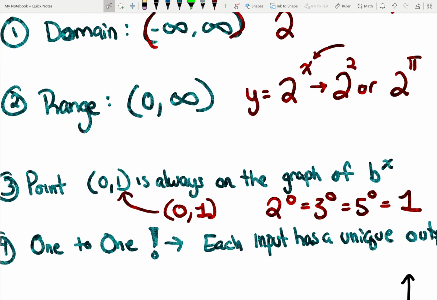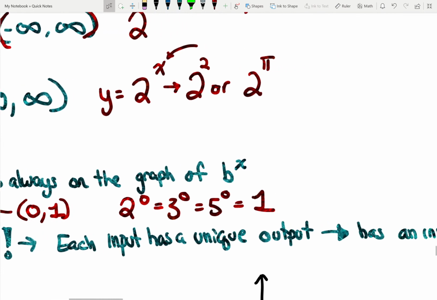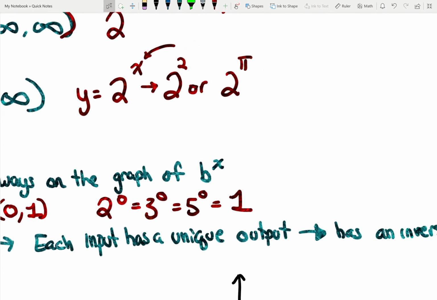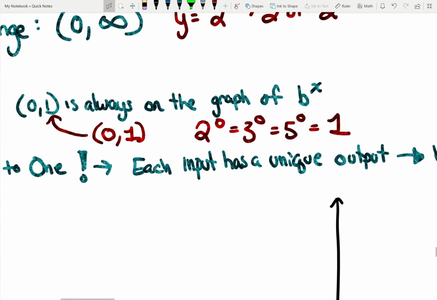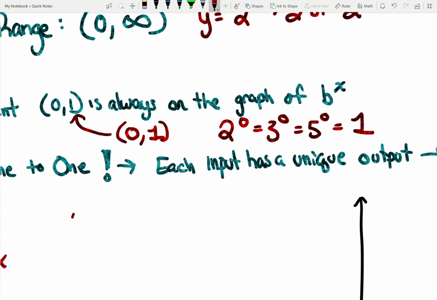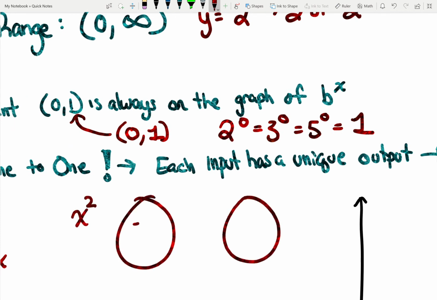And what is 1 to 1? If you guys remember, we spoke about it a long time ago. 1 to 1 means that for each input of x I put in, there's a unique output I get. So remember we had functions like x squared, and I drew those two x's for you guys.